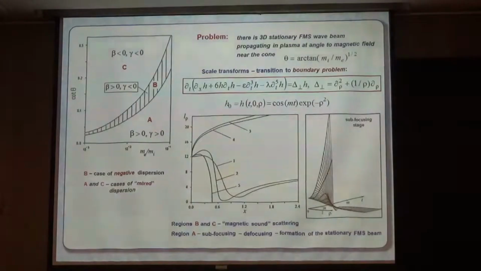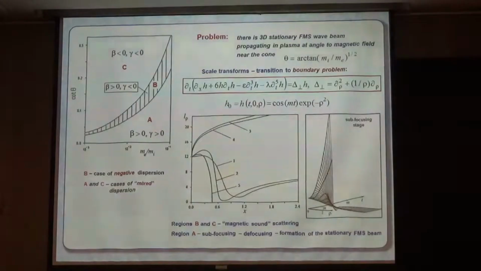These pictures show the results. You can see that in regions B and C, magnetic sound scattering takes place. And in region A, the dynamics of the beam is more complicated and consists of three stages.